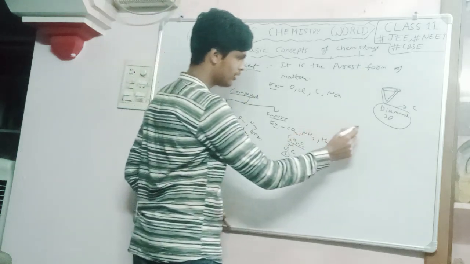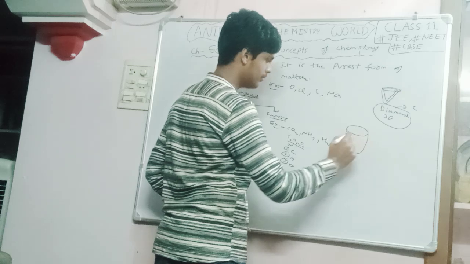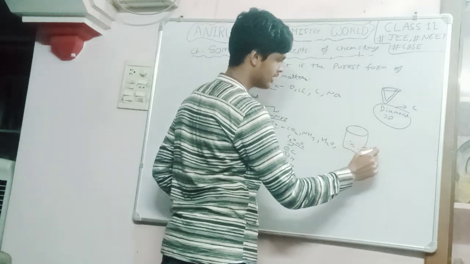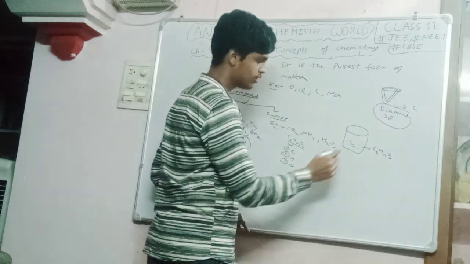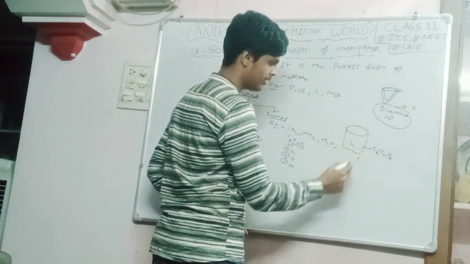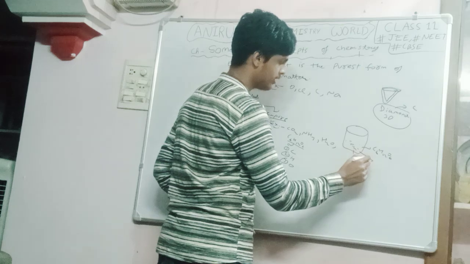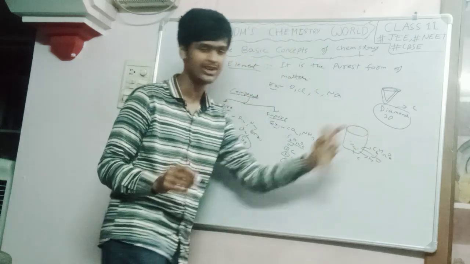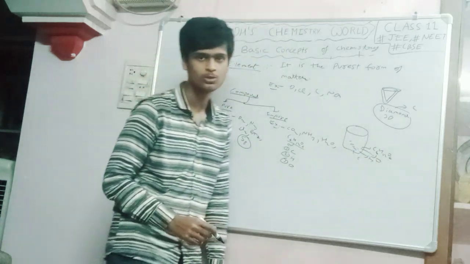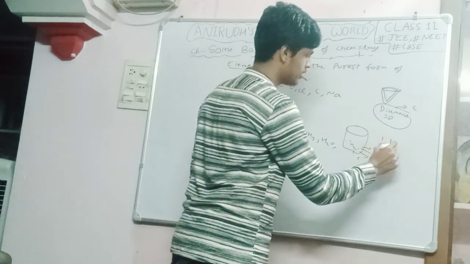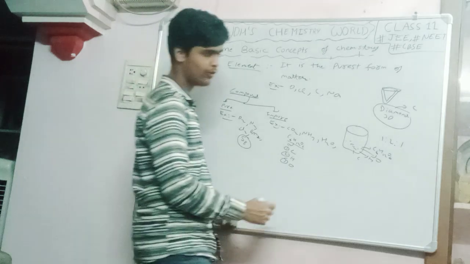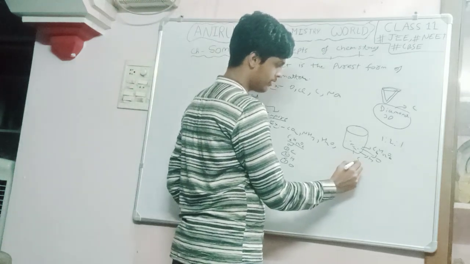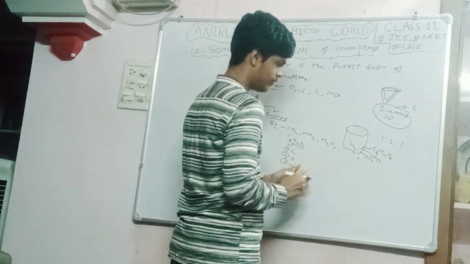Suppose you have some C6H12O6 in a beaker. In this, you will be having atoms of carbon, atoms of hydrogen and atoms of oxygen in the ratio 6:12:6, which is 1:2:1. Okay.